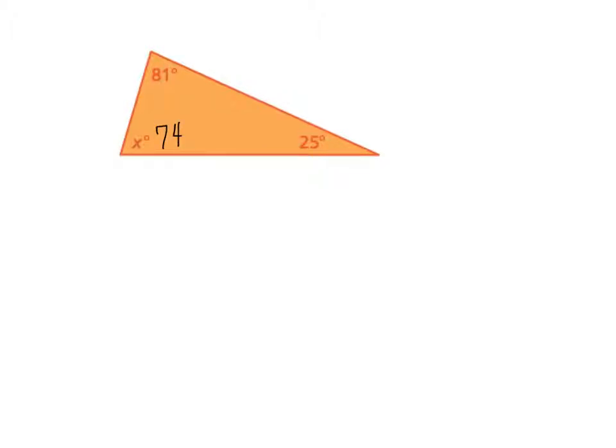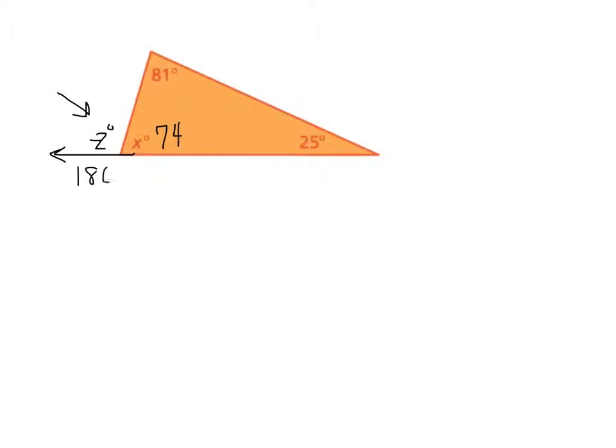But we're going to extend this side. And this angle right here is adjacent to the 74. And we're going to call this Z degrees. So what's that angle measure? Well, we know they're supplementary.